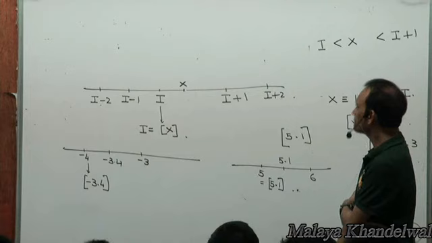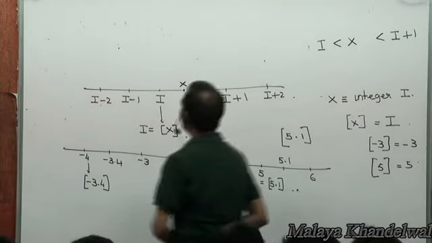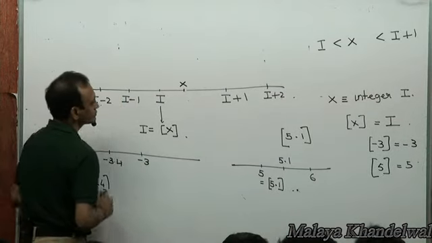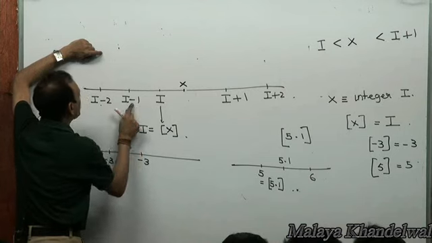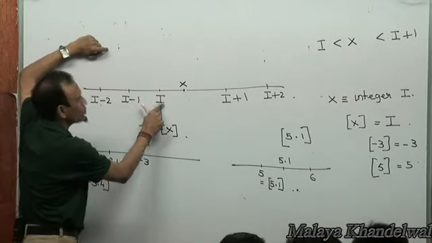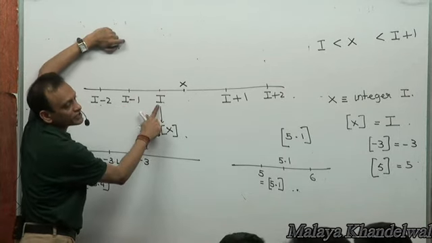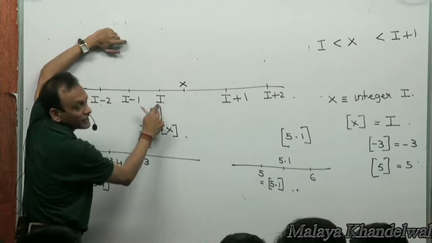All's good, right? Very clearly, I minus 1, I minus 2, etc. are various integers to the left of x. Of all these integers, which is the greatest integer? I. Of all the integers to the left of x, which is the greatest integer?